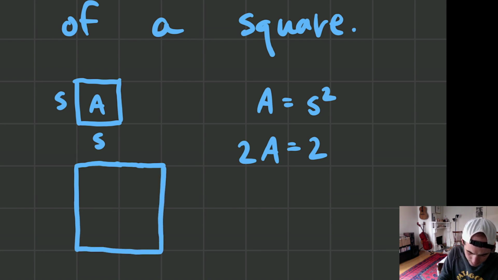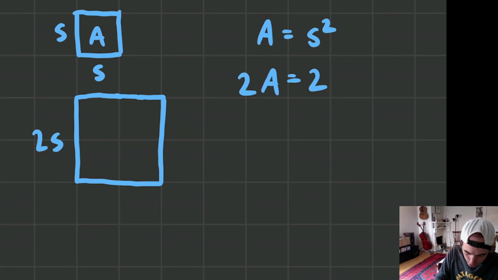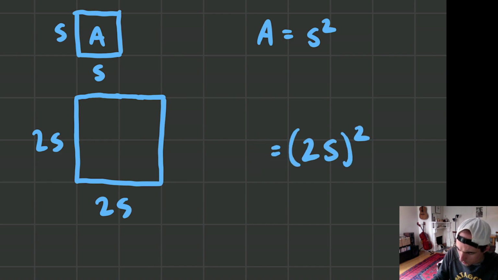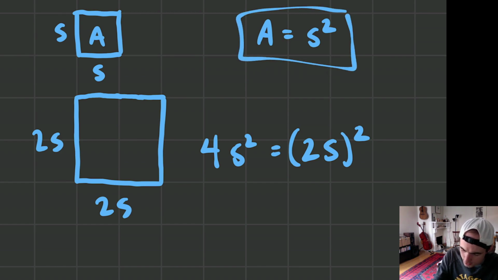Like if this is 2S and this is 2S, well then the area of this one is going to be 2S squared, which is 4S squared. I know that the original area over here was S squared.